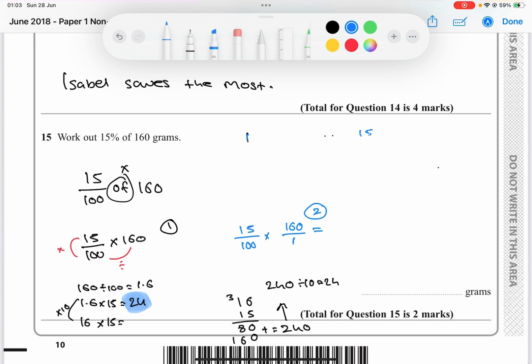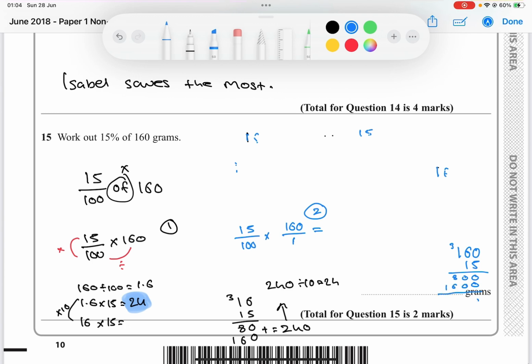So you got 160 multiplied by 15. I'll do it here because my pen's not working. 5 times 0 is 0. 5 times 6 is 30, so you put 0 here and 3 here. 5 times 1 is 5 plus 3 is 8. 1 times 0 is 0, 1 times 6 is 6, 1 times 1 is 1.